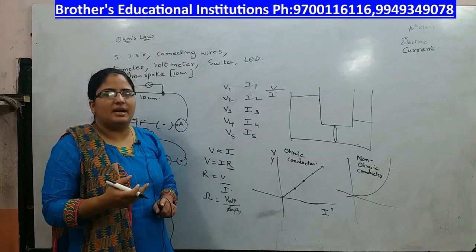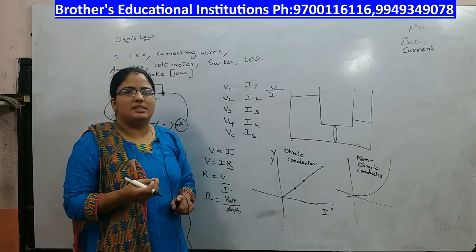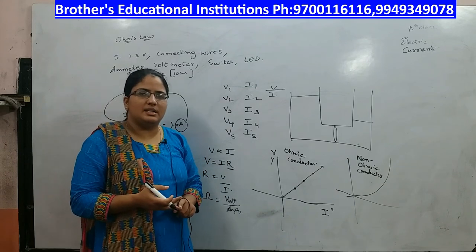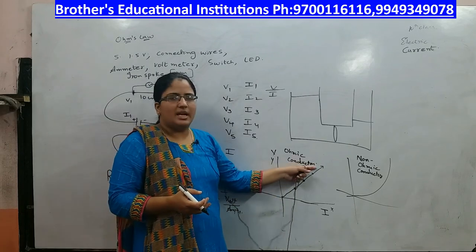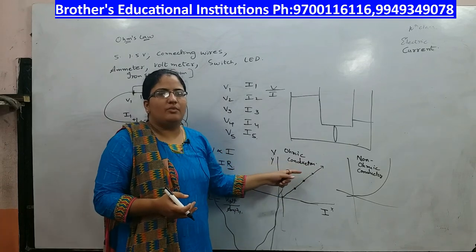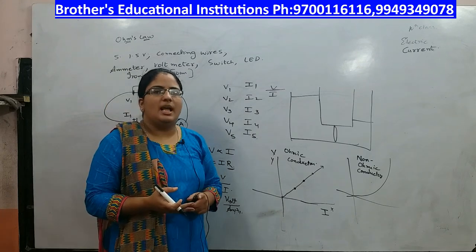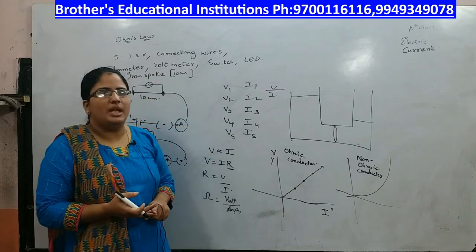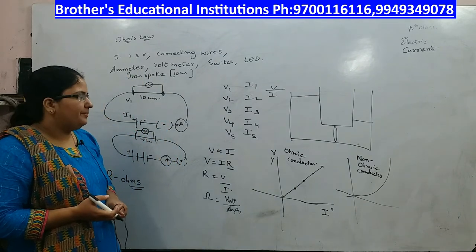As you are passing current, the temperature of the conductor increases, in that case the resistance increases, so you will not get a straight line graph. So for the metal to obey Ohm's law, the temperature and the physical conditions have to be constant. So that is about Ohm's law.